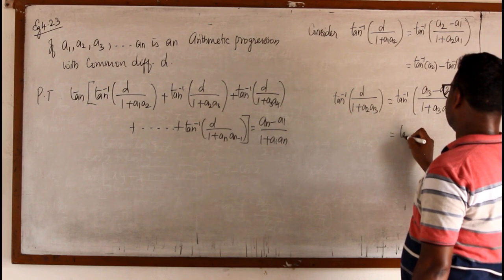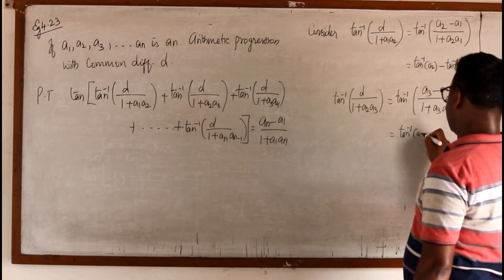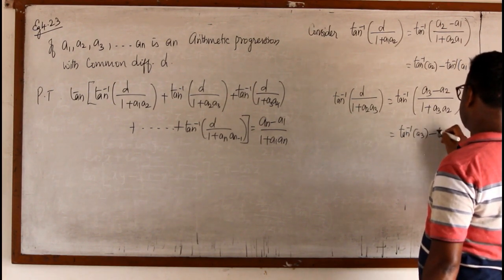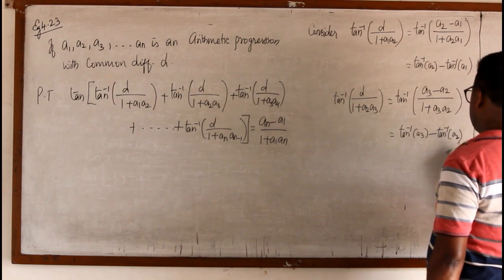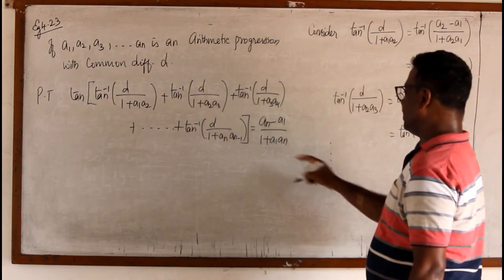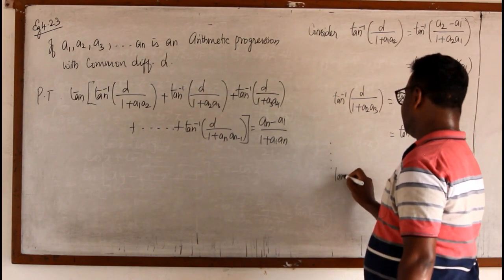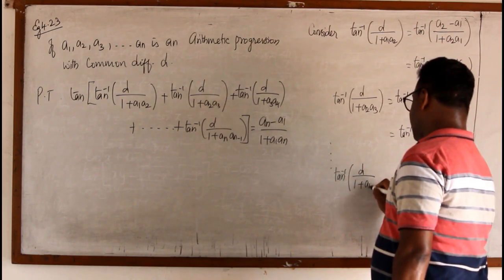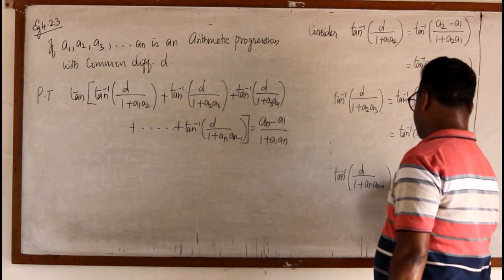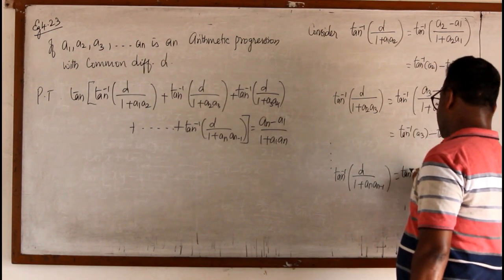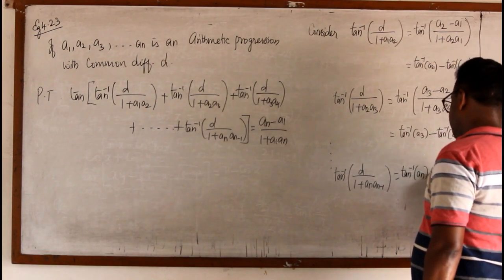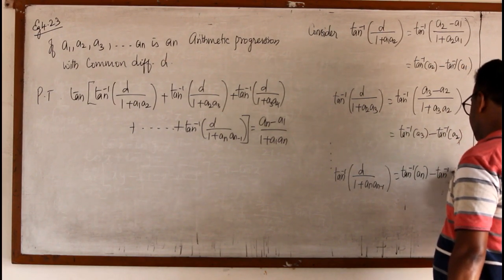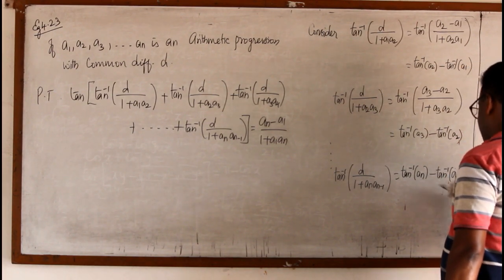Then it is tan inverse of a3 minus tan inverse of a2. Similarly, I can write the last term tan inverse of d by 1 plus a(n-1) an as tan inverse of an minus tan inverse of a(n-1).